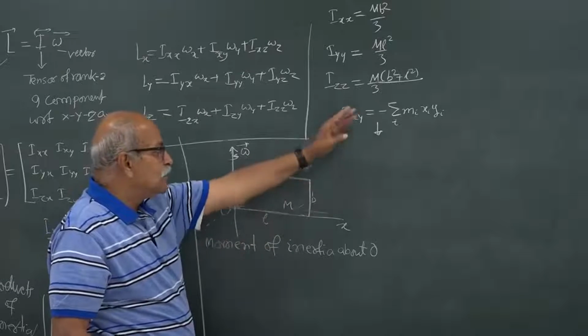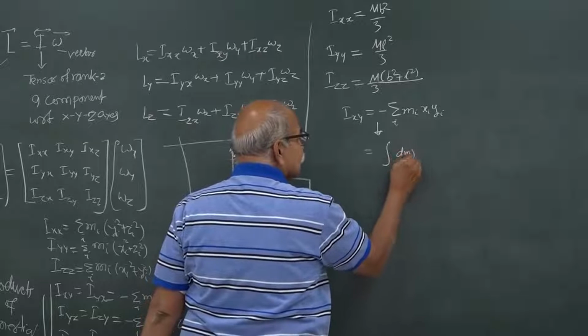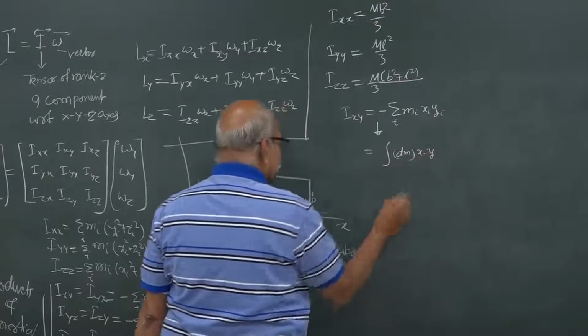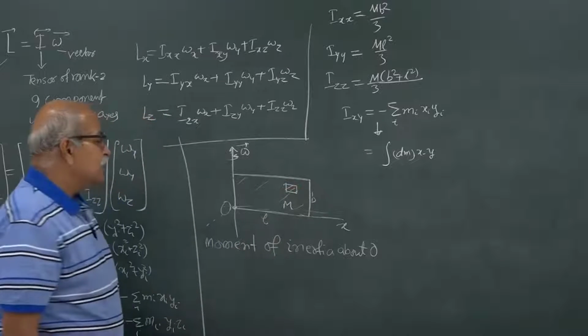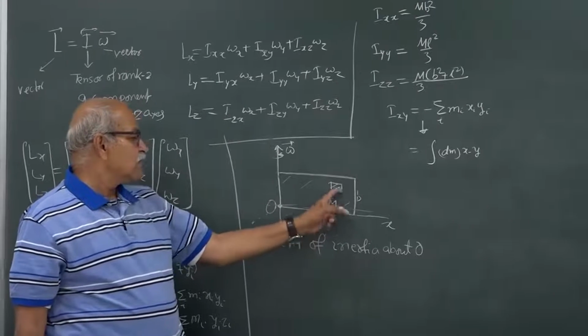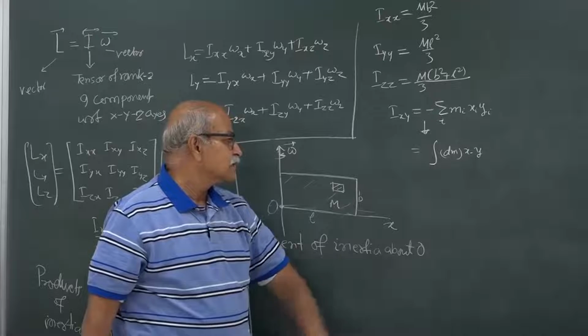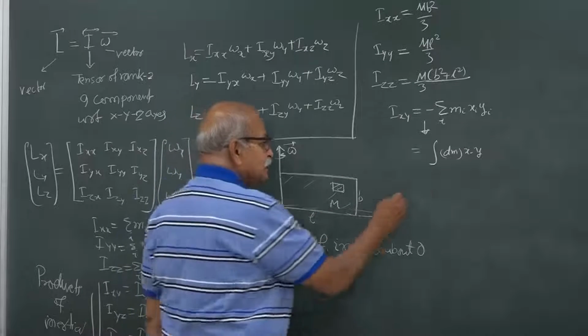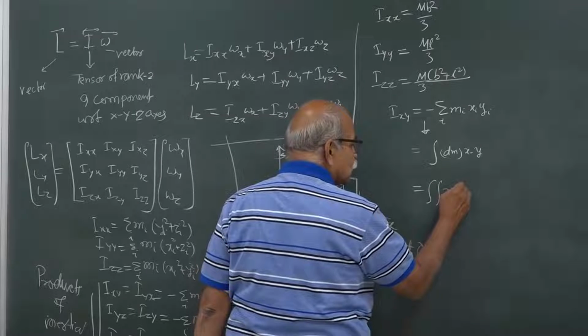So, you cannot do this summation, this is integration of dm x into y. So, you take an element here, some dx dy, small element, see what is the mass here, what is the x coordinate, what is the y coordinate, multiply.